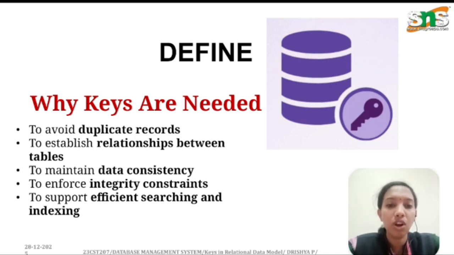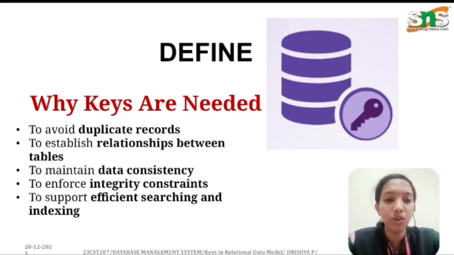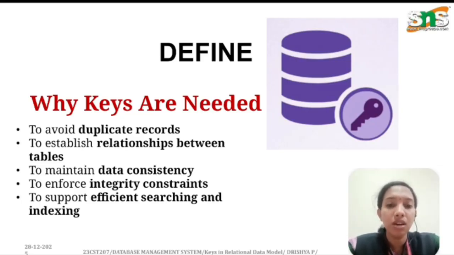Avoid duplicate records: suppose a table contains similar records more than once, we use keys for deleting or avoiding these duplicate records, and for connecting different tables. Null data is removed, and that is data consistency and integrity constraints, which means checking whether the given data and the saved data are the same or not. Then efficient searching and indexing.